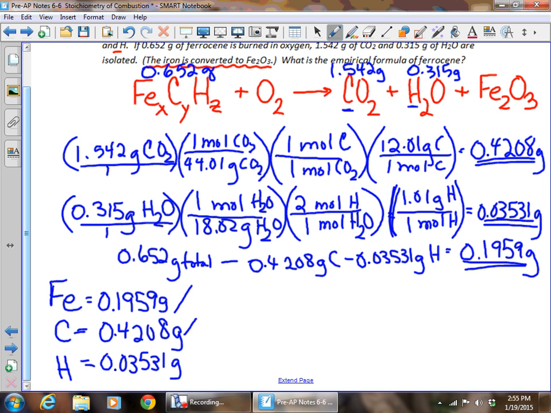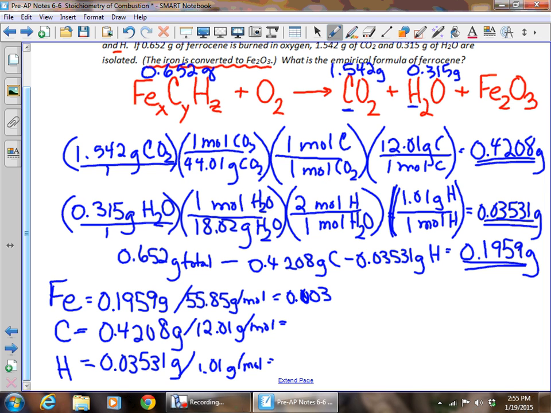And now for our empirical formula. We're going to divide all of these by their molar masses. So iron is divided by 55.85 grams per mole. Carbon by 12.01 grams per mole. And hydrogen by 1.01 grams per mole. And we get mole values of 0.00351 moles for iron.